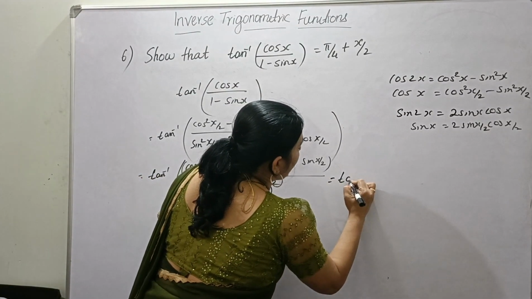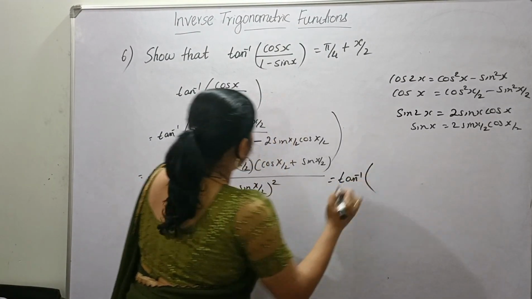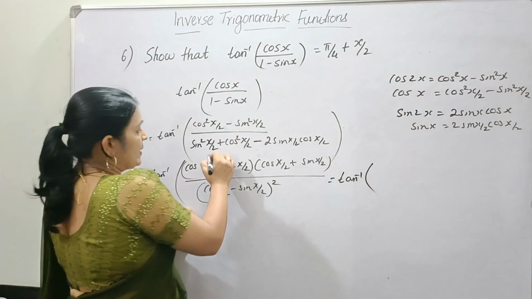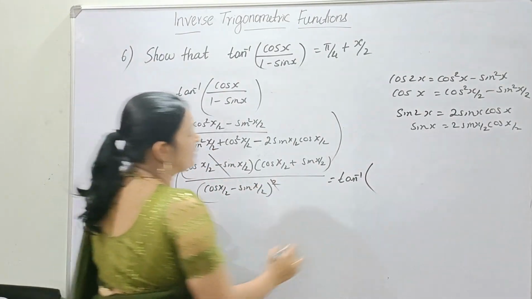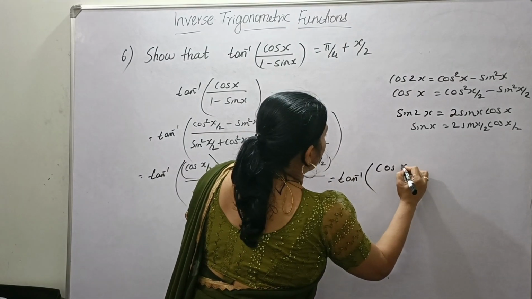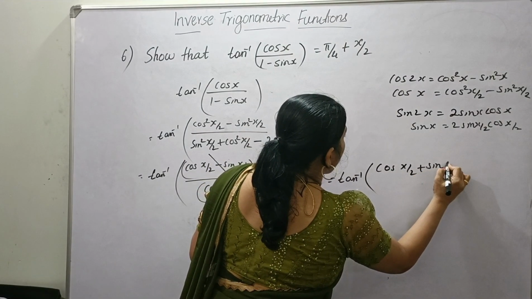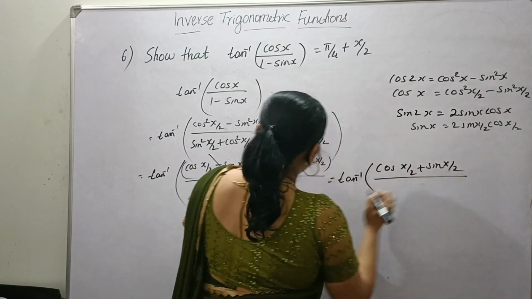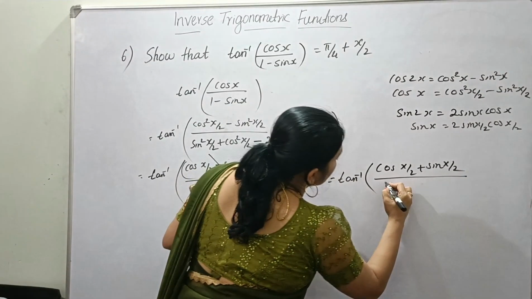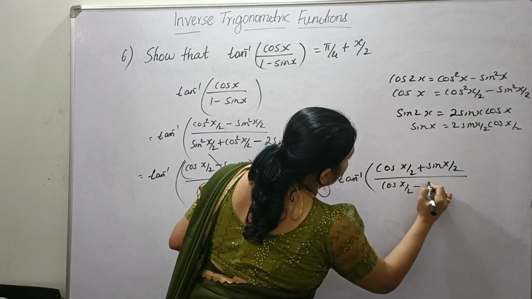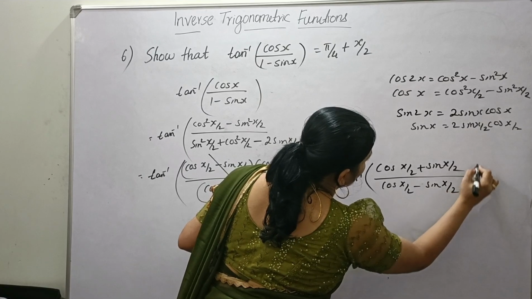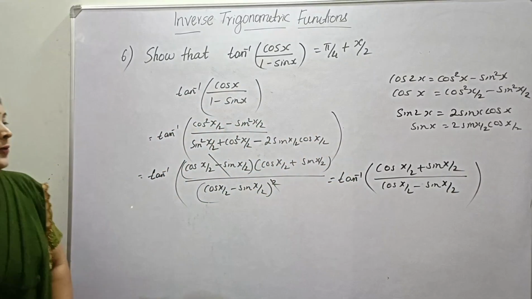So it will become tan inverse of cos x by 2 plus sin x by 2 divided by, remaining, cos x by 2 minus sin x by 2.